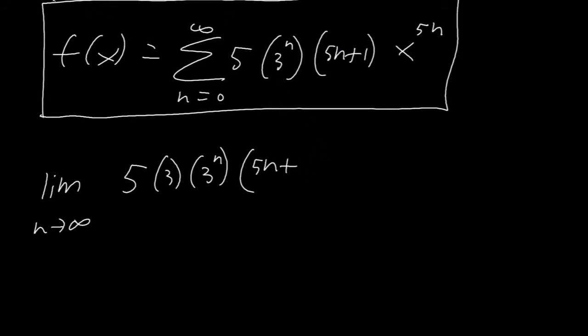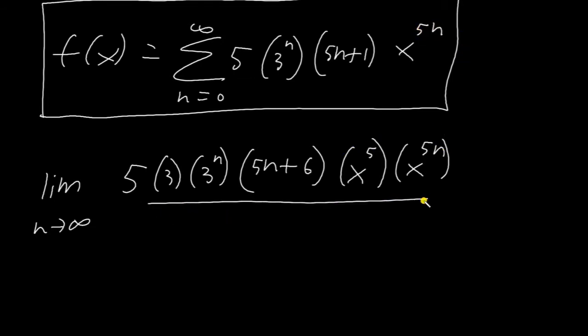Okay, and then x to the 5n, that's going to give me x to the 5 times x to the 5n. Right, if I plug in n plus 1 here, I'll get 5n plus 5, which is this and this. Okay, so I'll divide this by the original one, the nth term, 5, 3 to the n, 5n plus 1, x to the 5n.